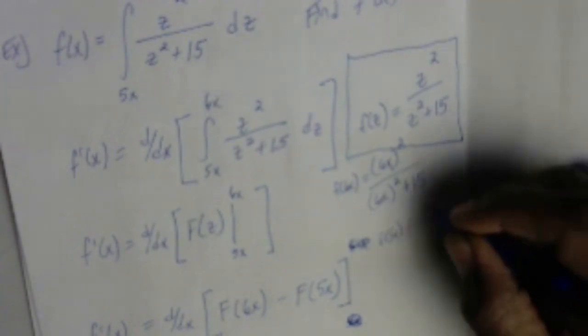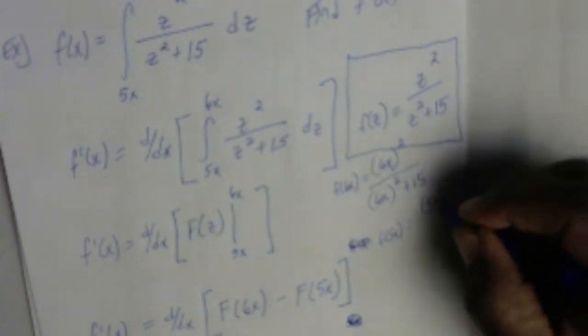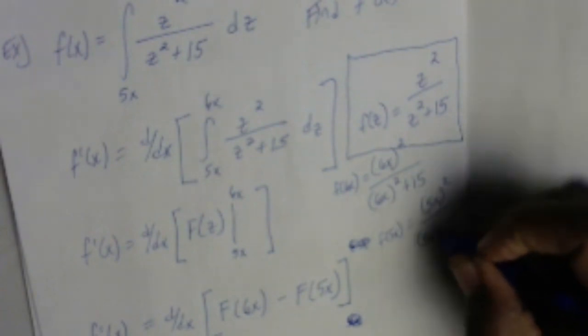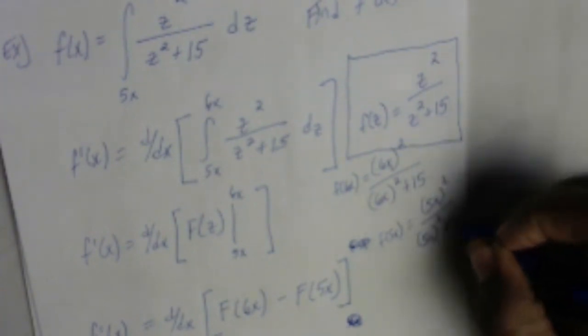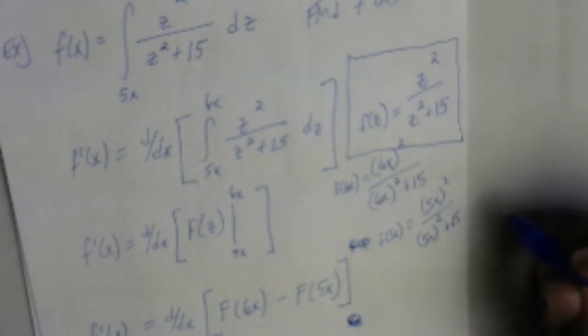F of 5x is going to be 5x quantity squared divided by 5x quantity squared plus 15.